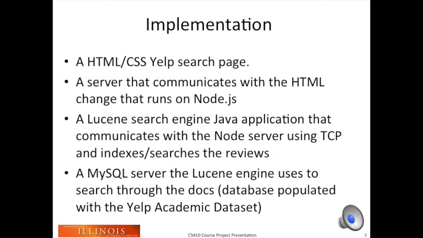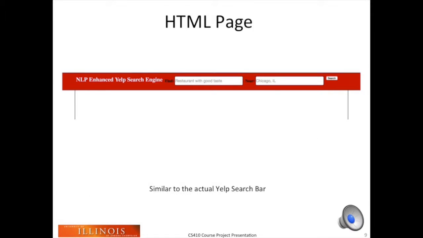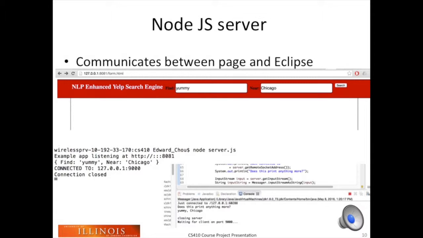To implement our project, we have our own little stack for each layer of the project. We have an HTML and CSS page that looks similar to the Yelp search bar as a website interface, so it has a find query and a near query. We implemented a Node.js server that communicates between the page and the search engine. So the server listens on a port connected to the HTML page at 8081 address, and once the form is submitted, it sends the data over to the Eclipse application through TCP.